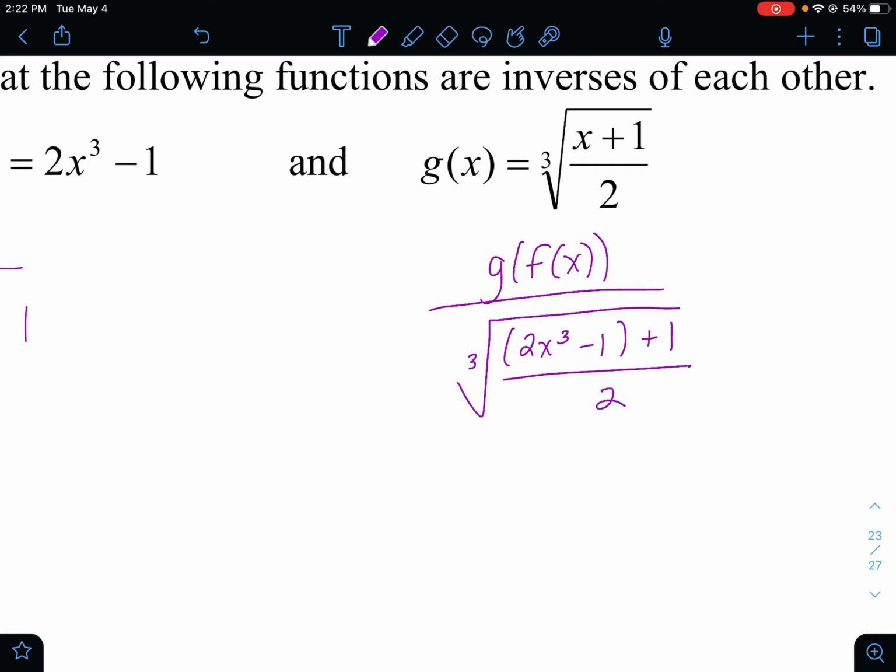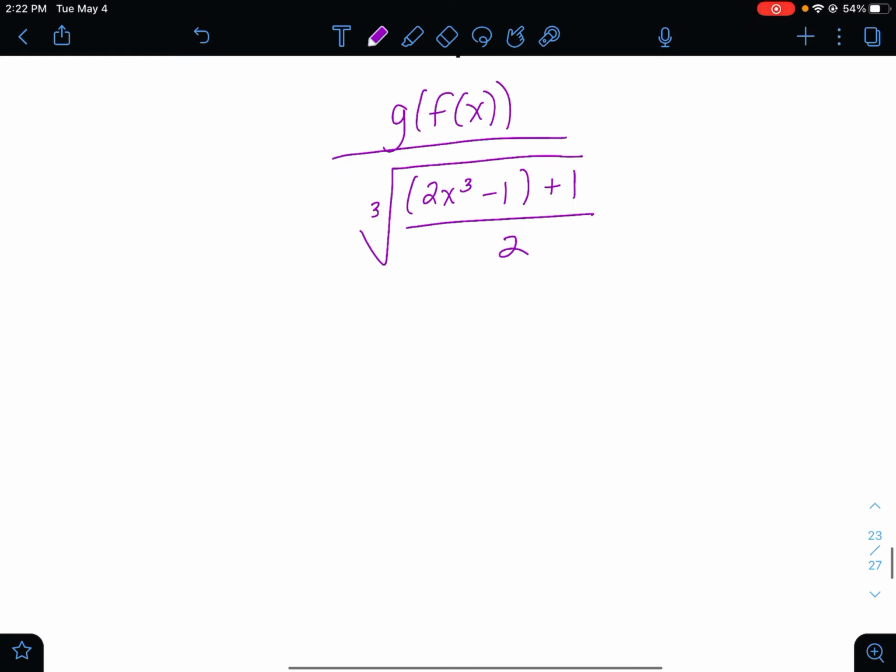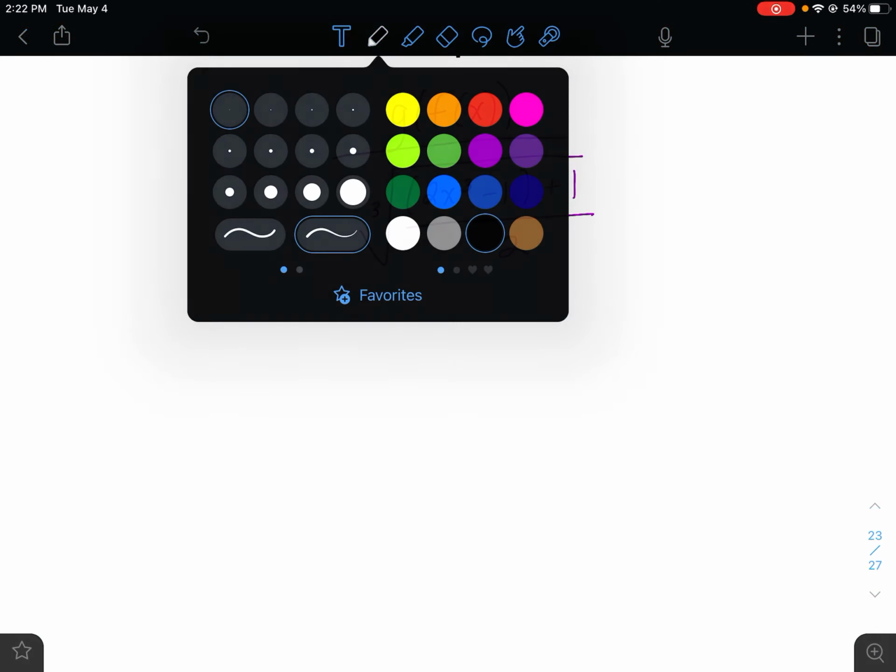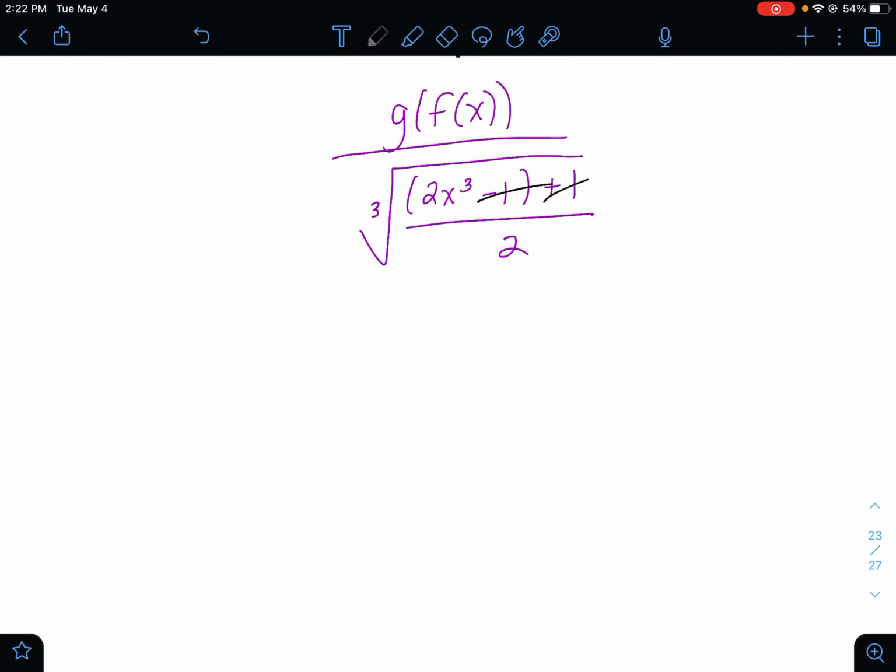All right, so looking at this, my cube and cube root can't cancel each other out yet. So let's see what else I can do. Well, if I look inside of here, I don't really need those parentheses. So -1 plus 1, they cancel. So now let's rewrite this. I still have my cube root, don't forget that, of 2x cubed over 2.